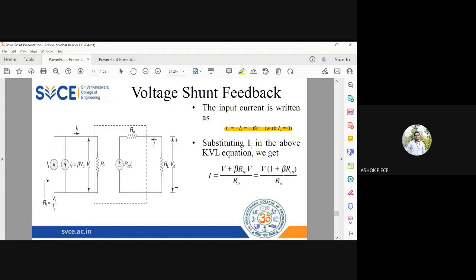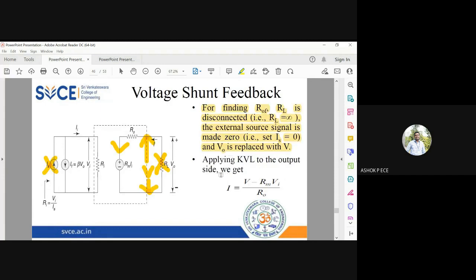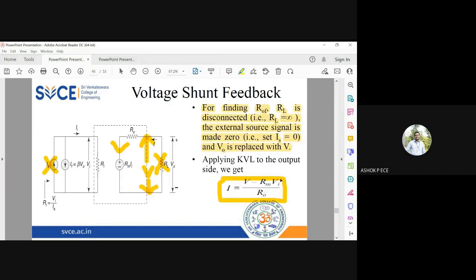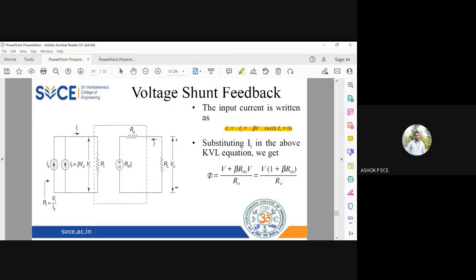Now substitute that in the KVL equation we got on the output side. So I is equal to V minus Rm into Ii, where Ii is minus beta V. So V minus of minus Rm into beta V, divided by Ro. Minus of minus will become plus. So V plus beta Rm V by Ro. Take V outside: V into 1 plus beta Rm by Ro.